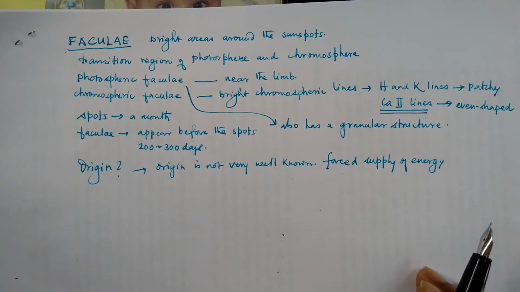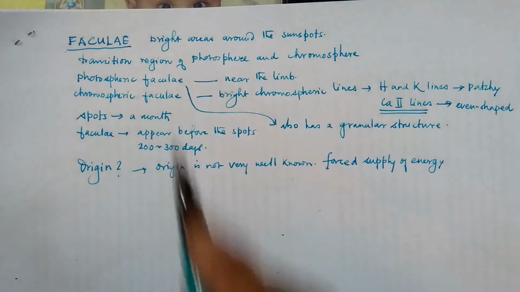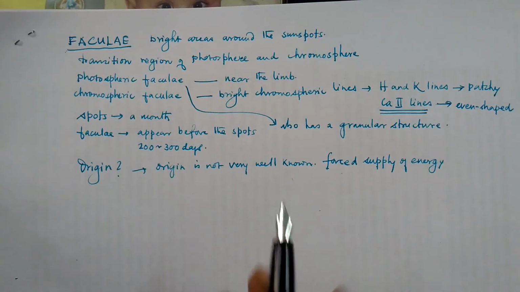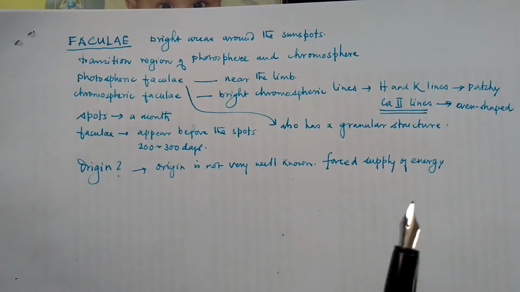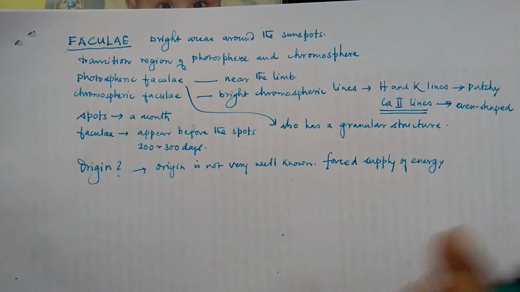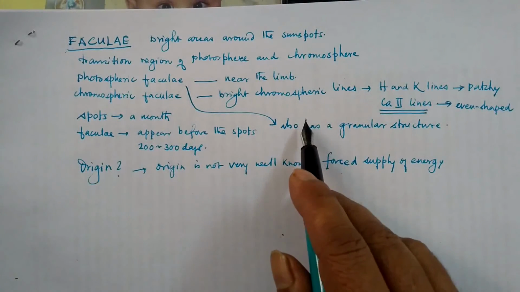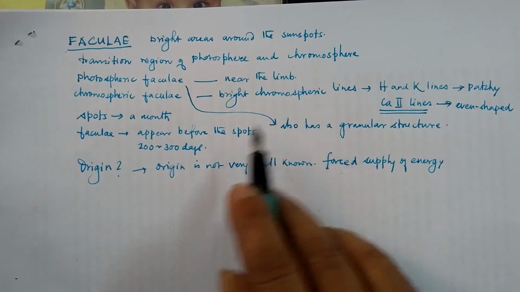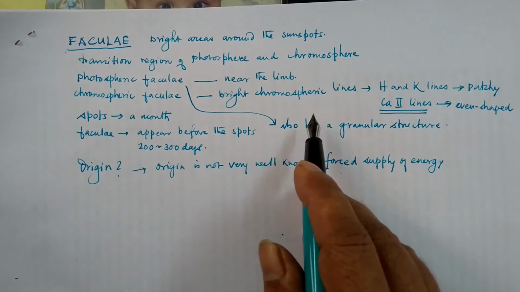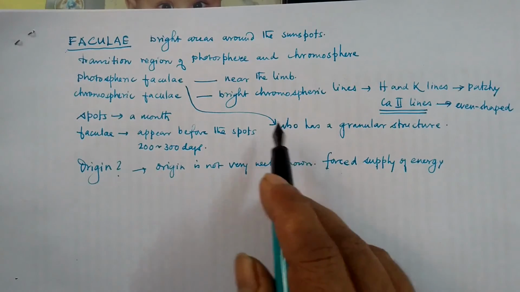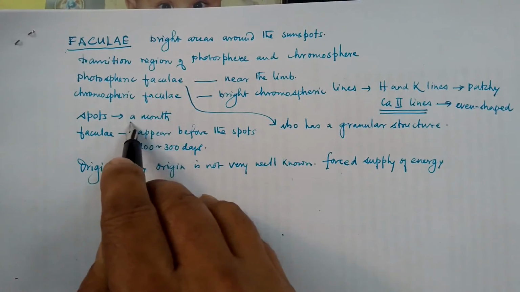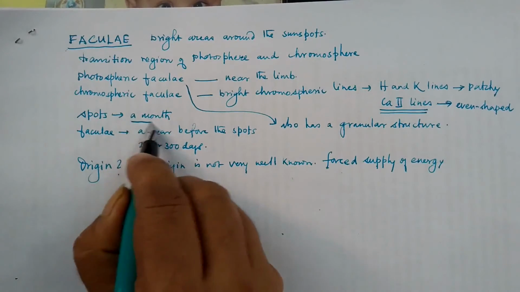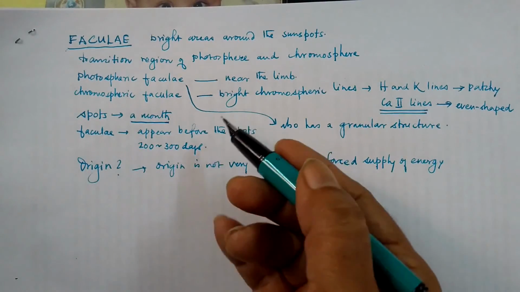Now faculae, we said that these are associated with the sunspots, and although there are a few faculae without the sunspots as well, mostly they are associated with the sunspots. But the sunspots have a period of existence, and faculae have a different period of existence.